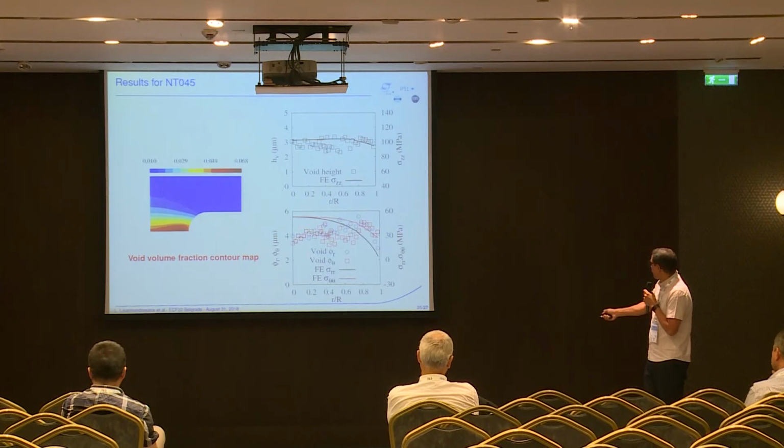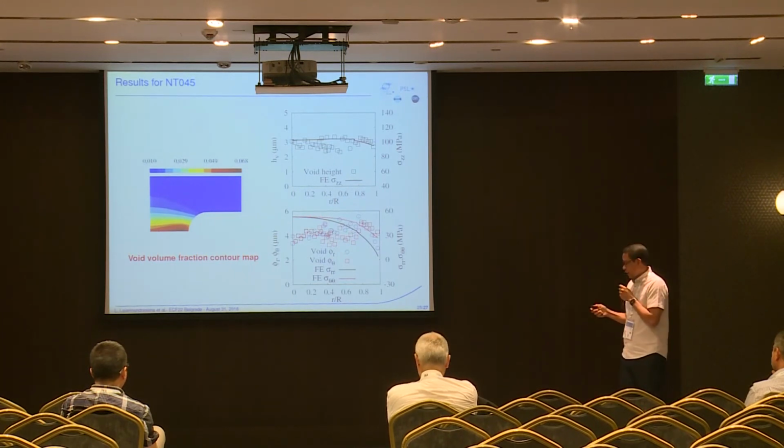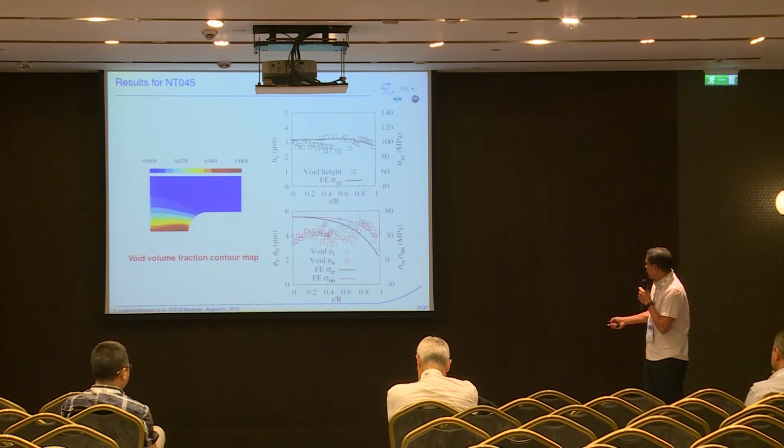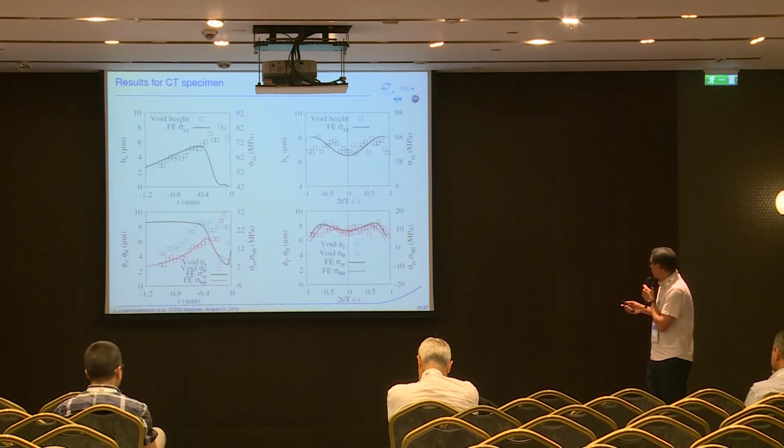The same thing for NT045. We have the same data here for the stress, and it works pretty well. Here, the difference is due only to the fact that there was stress relaxation in the specimen, and also some aging, because the observation had been done months after the experiments.